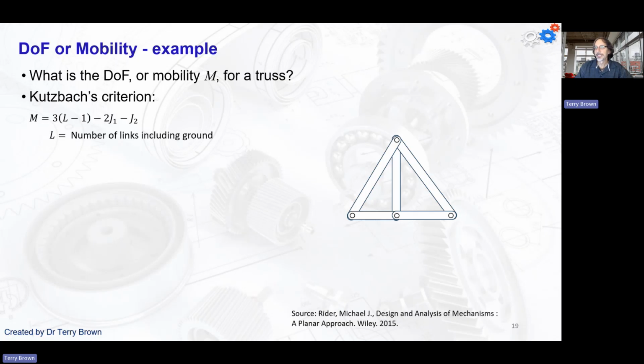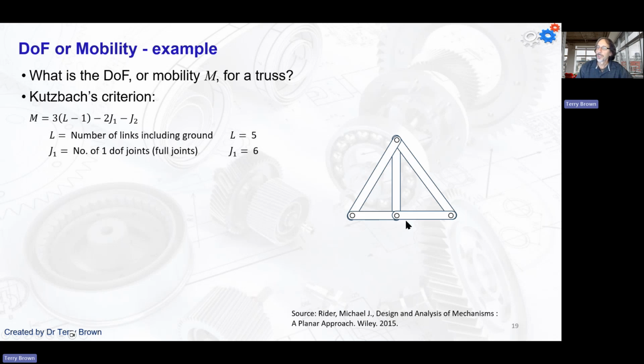All right, so number of links including ground, I counted 5. So 1, 2, 3, 4, 5 links. How many joints do we have? Some of you may have had 4. Let's see what I've got. I've got 6. So why have I got 6? If you've got 4 and I've got 6, stop and think about why we've got different answers. Hopefully you've stopped the video and had a thought about it, maybe gone back to some of the previous slides.